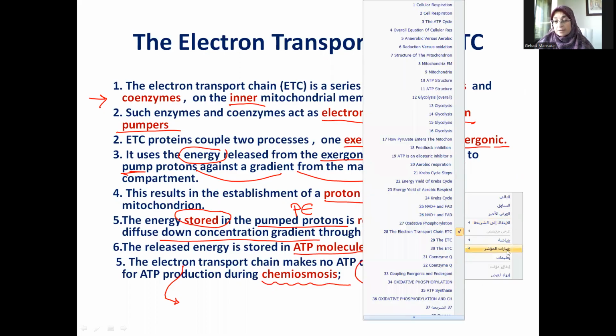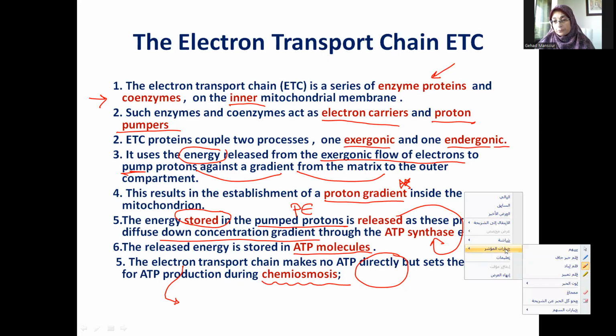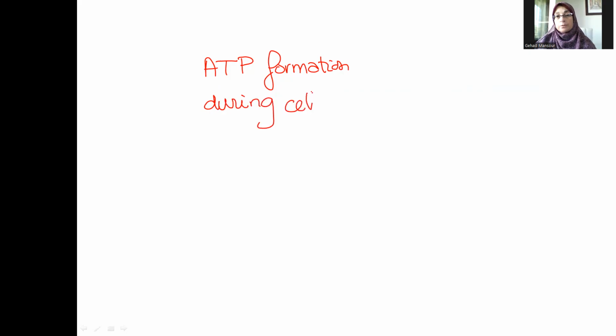So we have several steps of formation of ATP. Here, on this screen, we're going to summarize the ATP formation during cellular respiration.